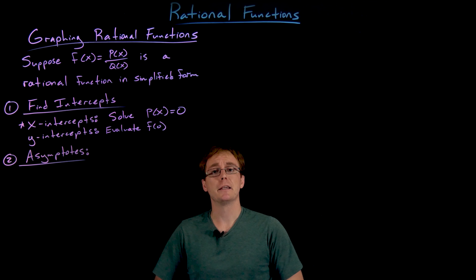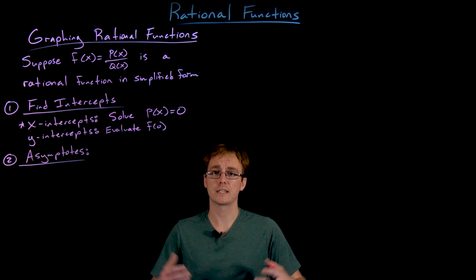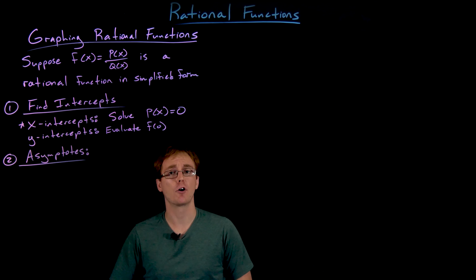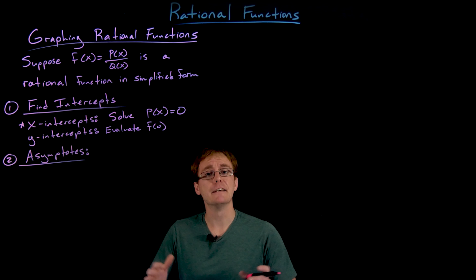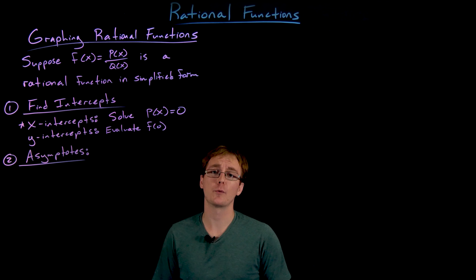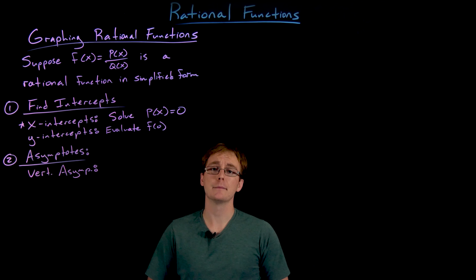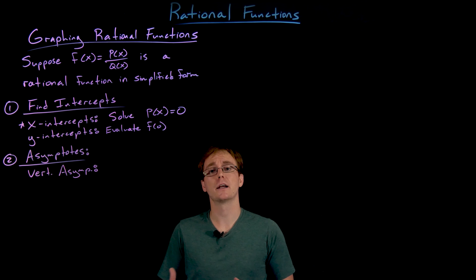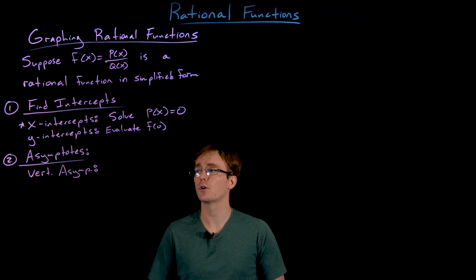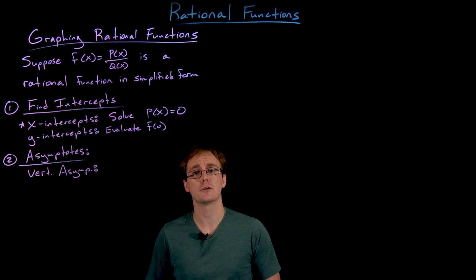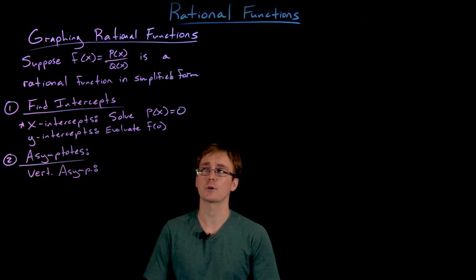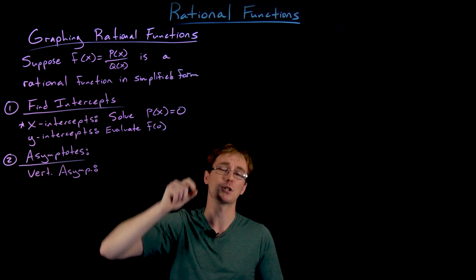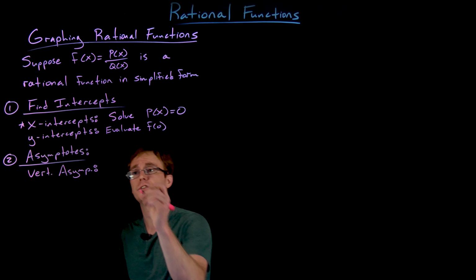So the second step in finding the information we need to sketch a graph of our rational functions is finding the asymptotes of our rational function, that is, if any asymptotes exist. The first types of asymptotes we discussed were those vertical asymptotes. And remember, the vertical asymptotes were caused by division by 0, which happens when our denominator is equal to 0.